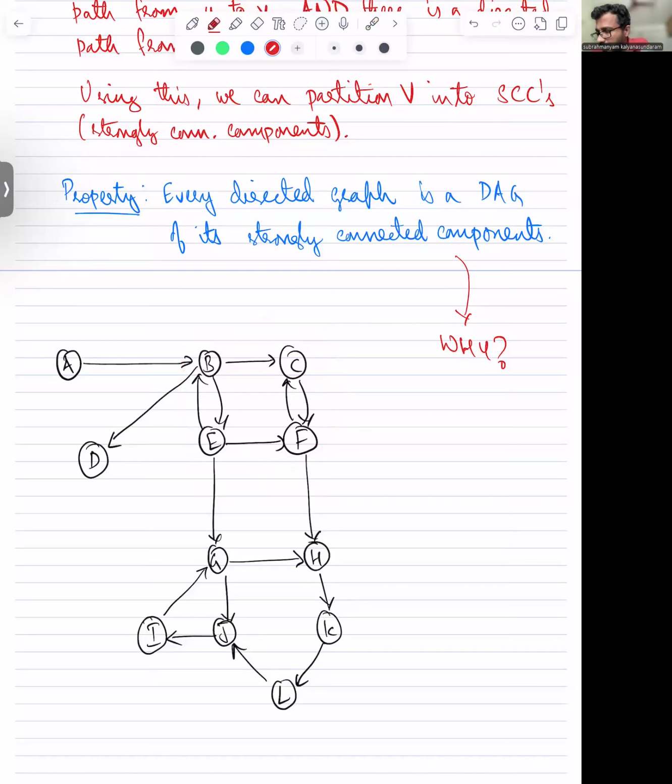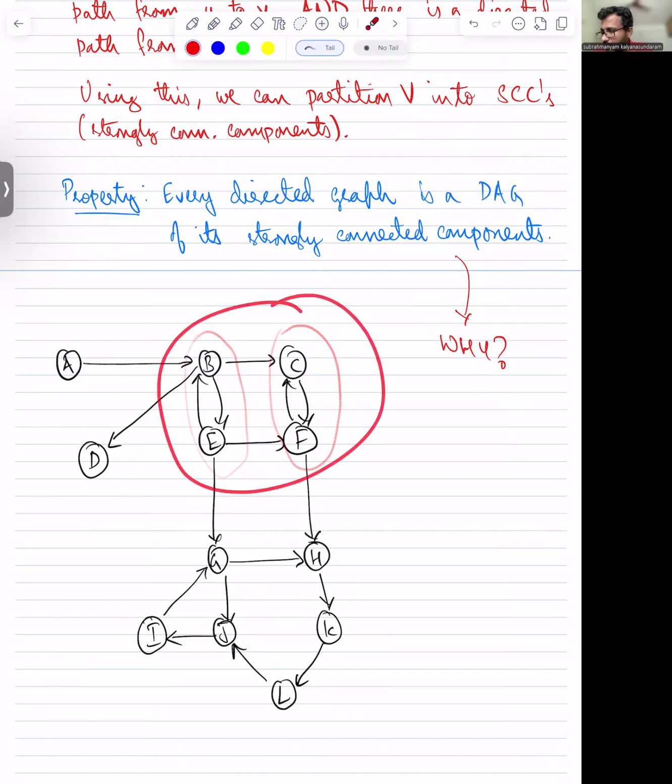Right. So BE is a strongly connected component and CF is a strongly connected component. And notice that you cannot expand these components, for instance, you cannot make all four of them one strongly connected component because there is no way to go from C to B. There is no path in this graph that will take you from C to B.